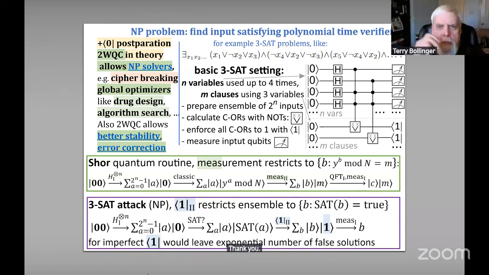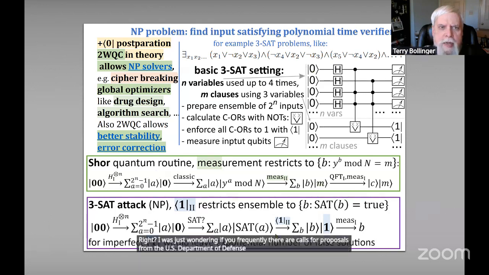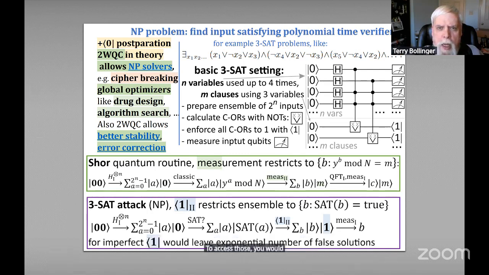Barry? Yes, sure. I was just wondering, there are frequently calls for proposals from the U.S. Department of Defense that cover a lot of the same type of technology areas that you're talking about here, and certainly a lot of interest in quantum computing, ongoing interest. To access those, you would need an American primary or something to do that.